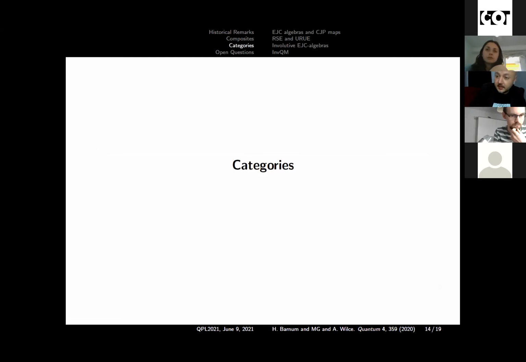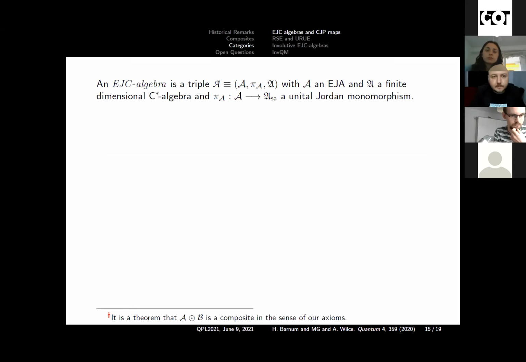Now I'd like to tell you how to make some categories out of these things. I'm going to need to make another definition. An EJC algebra is a triple (A, 𝒜, π) with A a Euclidean Jordan algebra, 𝒜 a finite dimensional C-star algebra, and π a unital Jordan monomorphism from A into the self-adjoint part of 𝒜. And by a monomorphism, I mean an injective homomorphism.